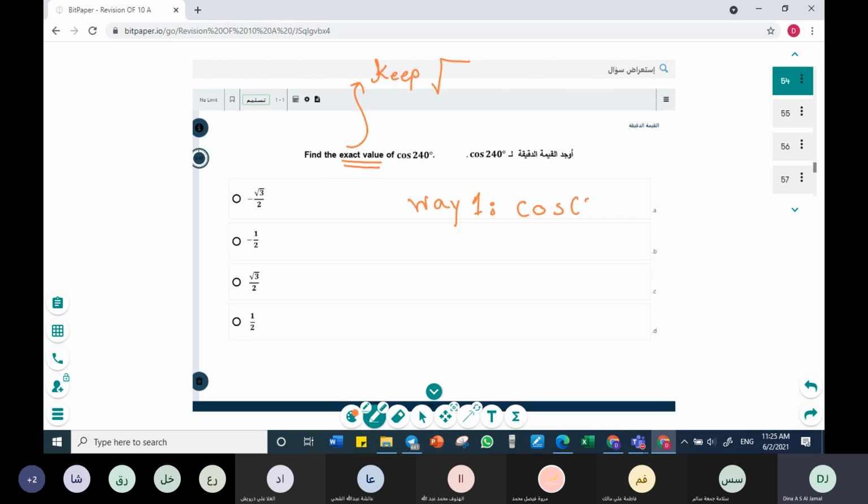Cosine 240. Think of two angles, that if you add them or subtract them from the special angles in the unit circle, will give you 240. Think of them. You can look at your unit circle.